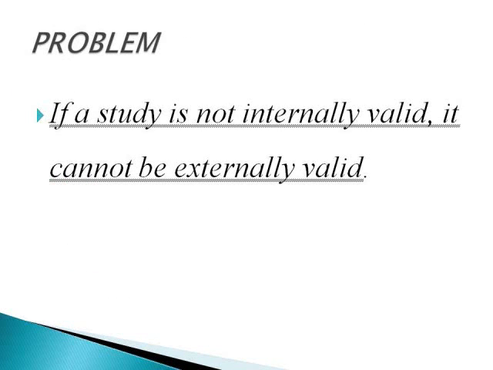It's very important at this point to say, if a study has problems with internal validity, it will automatically have problems with external validity. That means if you've got one of these problems, whether it be history or instrumentation or maturity, you don't know what's causing the effect you're seeing in your study.